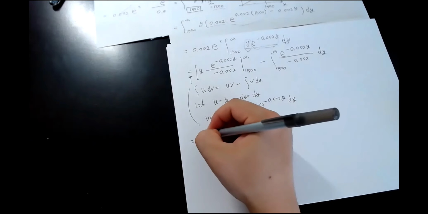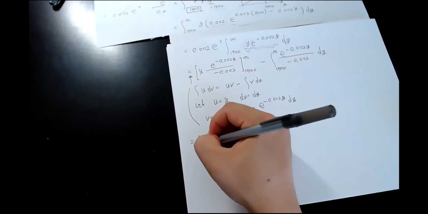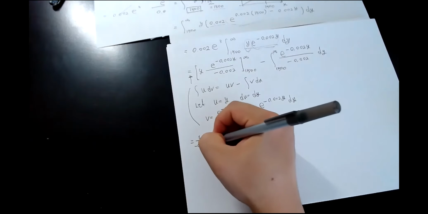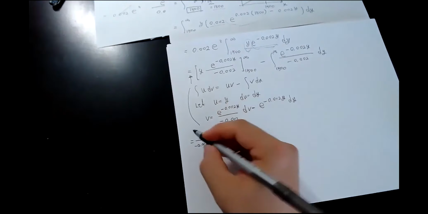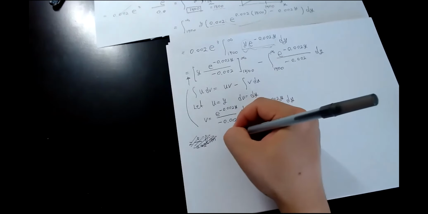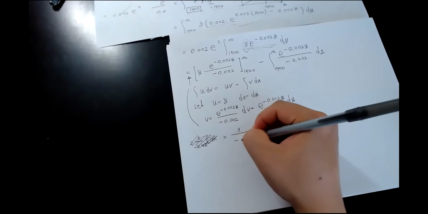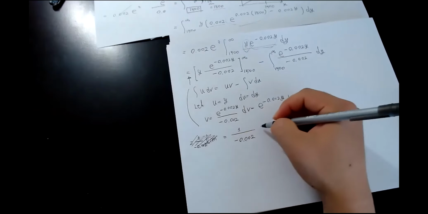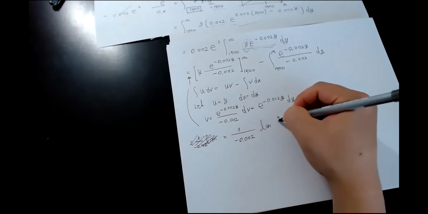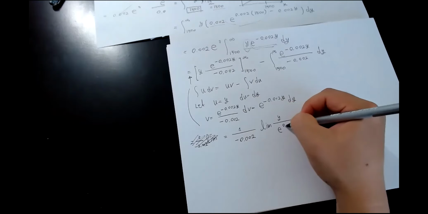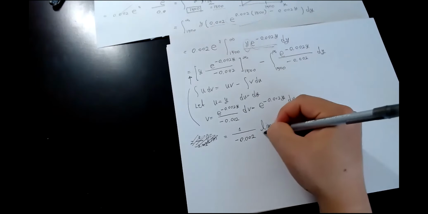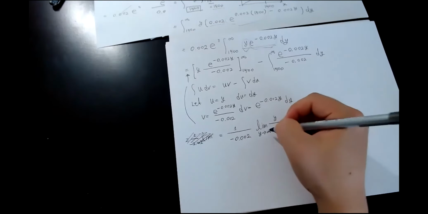Y, I mean 1 over minus 0.002. Sorry, let me write this down again. So this is 1 over minus 0.002 times the limit of y over e to the 0.002y as y approaches infinity.